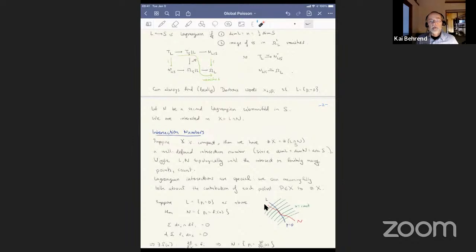That's necessarily the way that it's going to be for a submanifold transverse to these fibers.